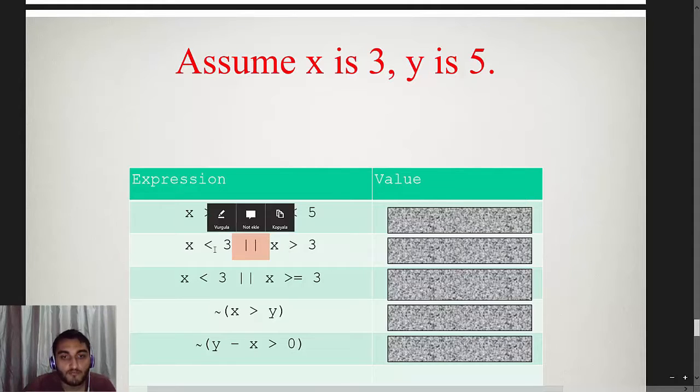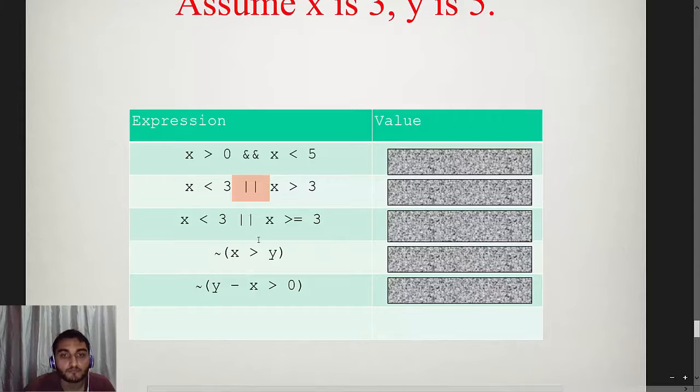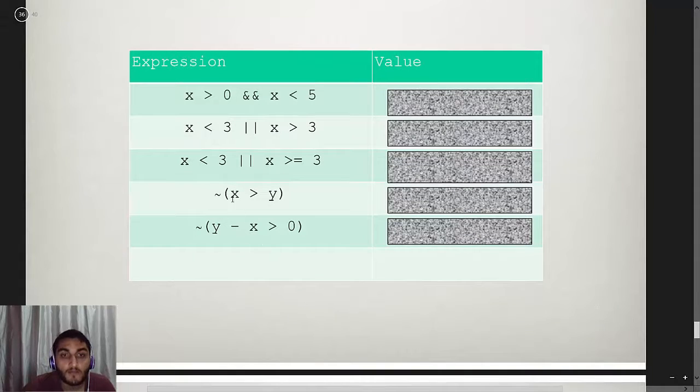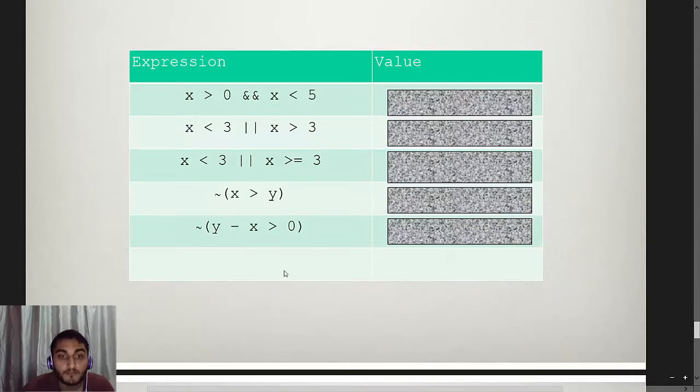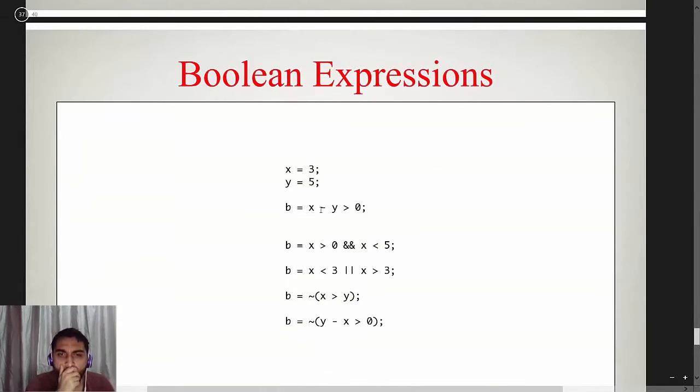We use or, both are false, so the entire result is false. 3 smaller than 3 is false, 3 larger than or equal to 3 is true, so the answer will be true. x is 3, y is 5, 3 larger than 5 is false, not false is true. 5 minus 3 larger than 0 is true, not true is false, so the answer will be false.